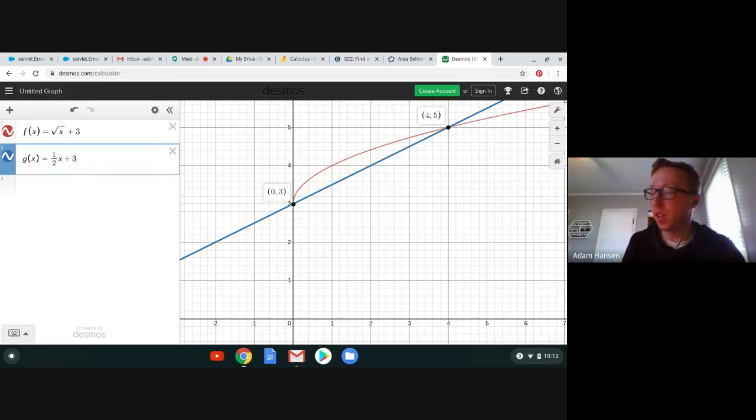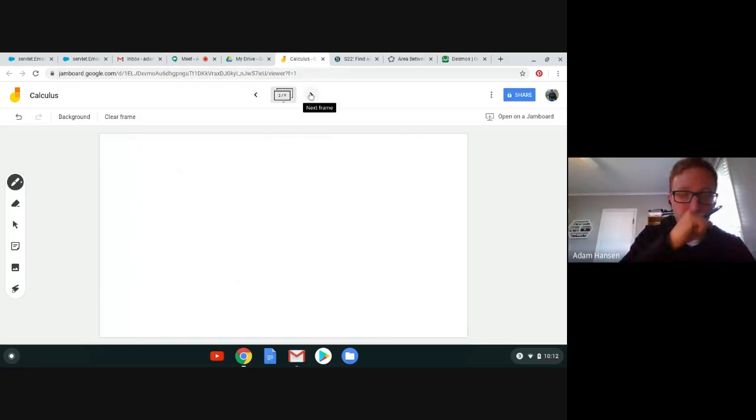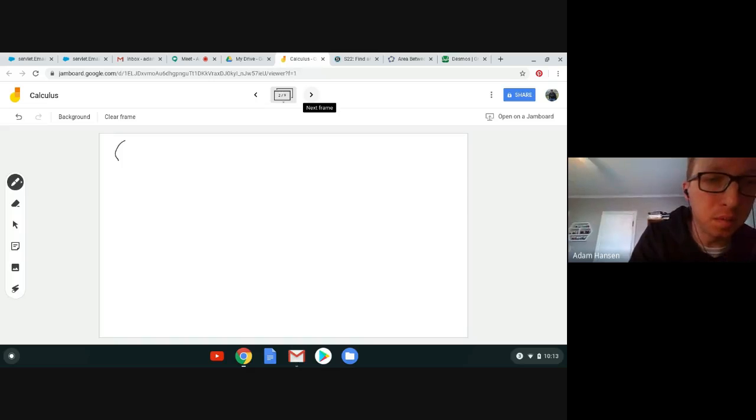This defines the area between the two curves that I can see right here. What we're trying to do is find the area of this region. So let's go ahead and set up our definite integral. I know the upper and lower bounds are 0 and 4. That's the whole point of finding where these two curves intersect.